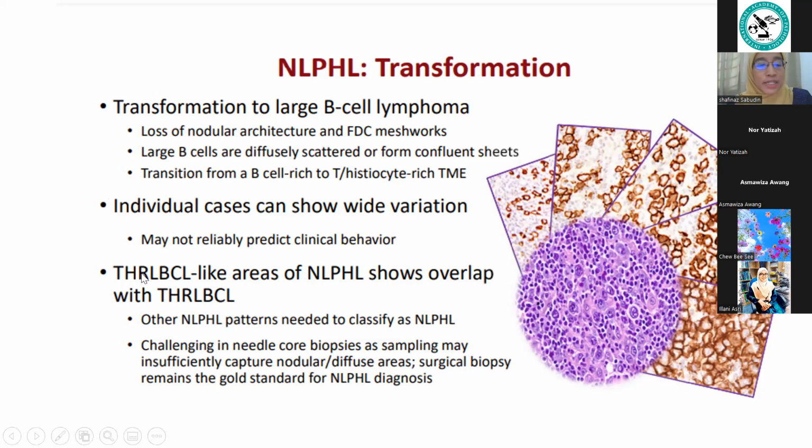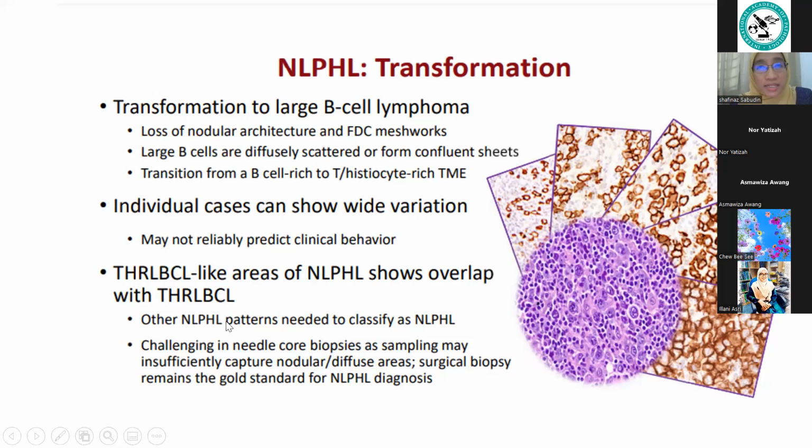Right. So as we have mentioned earlier, the T histiocyte rich large B cell lymphoma-like areas of nodular lymphocyte predominant Hodgkin lymphoma, which is pattern E, is the one that shows many overlapping features with T histiocyte rich large B cell lymphoma.